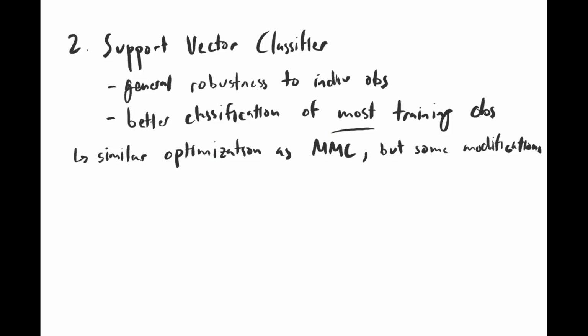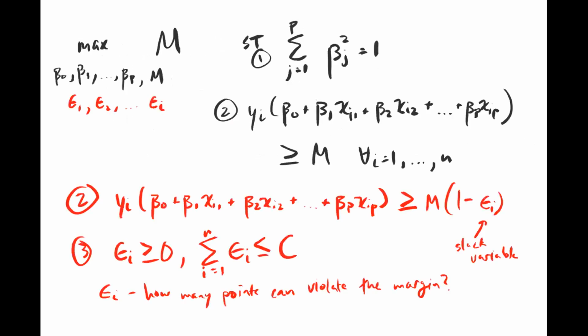Okay, I know I'm kind of jumping around a lot, so sorry for the confusion. If we go back to this equation, we can see that there's some slack variable here, and then there's a different parameter, C. So this is the tuning parameter, or we can think of it as a tuning parameter.